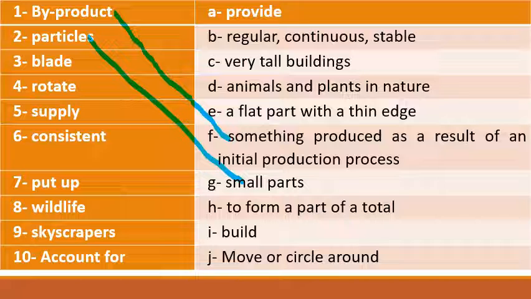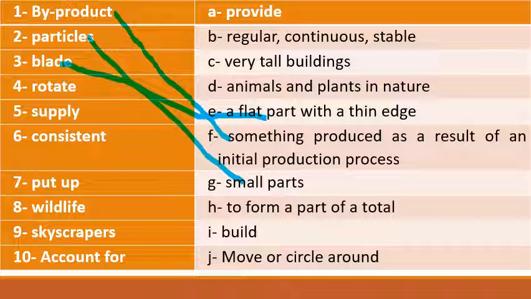Blade is a flat part with a thin edge. That's the word blade. Then we have rotate. What does it mean to rotate? So rotate means to move or circle around.